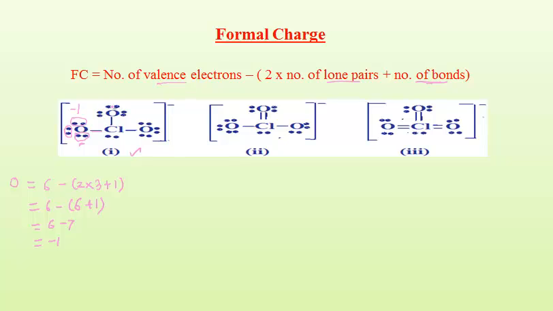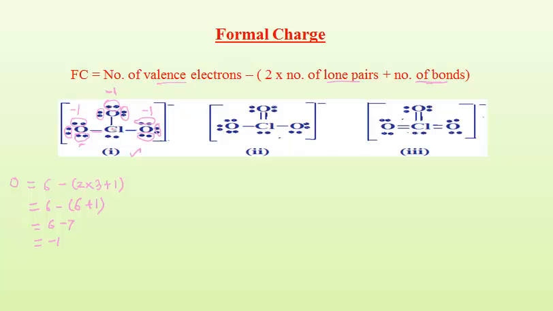If you compare these 3 oxygen atoms, each oxygen atom has 3 lone pairs and the same number of chemical bonds. Each oxygen atom is forming 1 chemical bond. That's why each oxygen atom has a minus 1 formal charge.